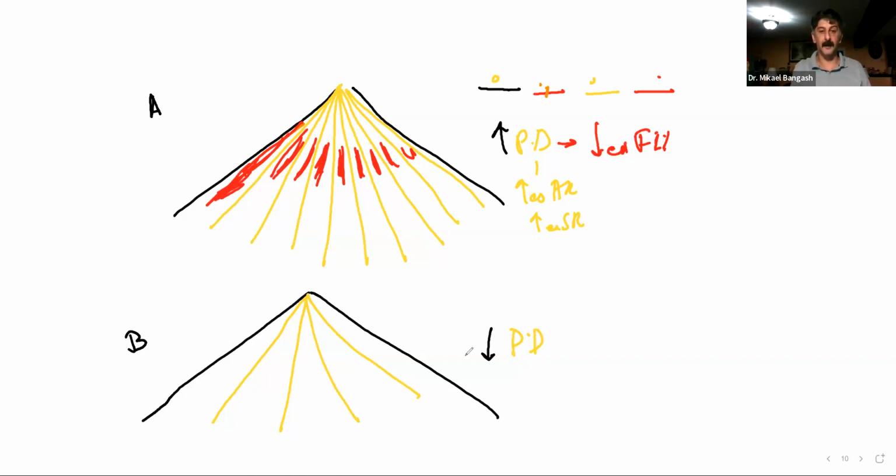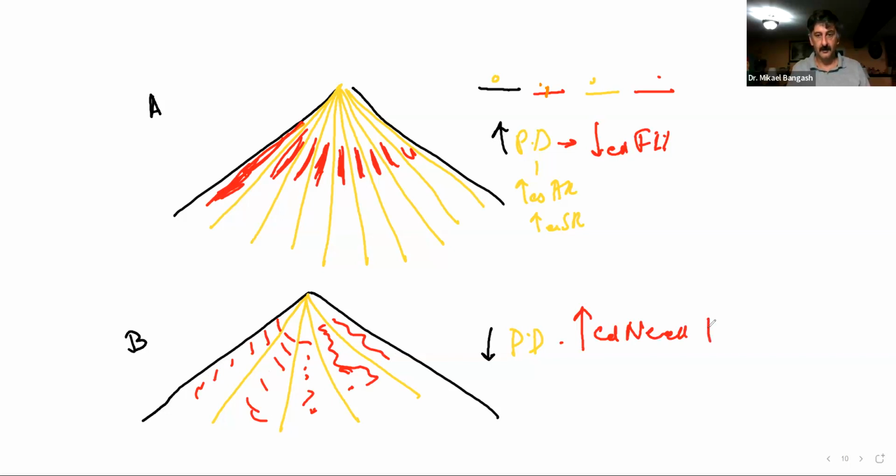When we compare A to B, in B there are going to be greater areas between pulse to pulse to pulse that need filling, so we have an increased need for fill-in interpolation. What would this low pulse density lead to?